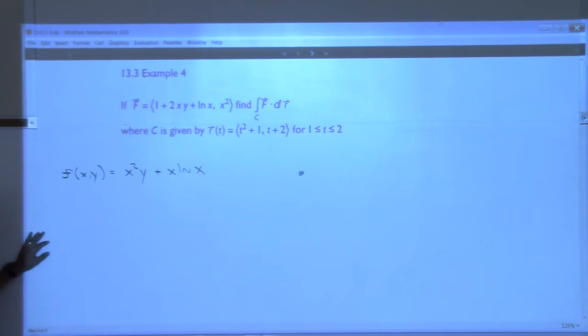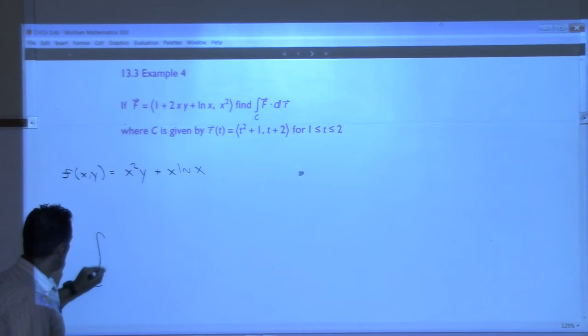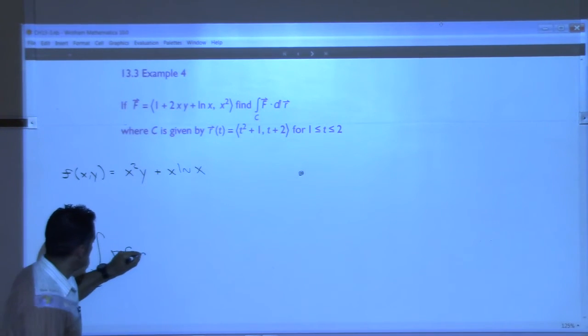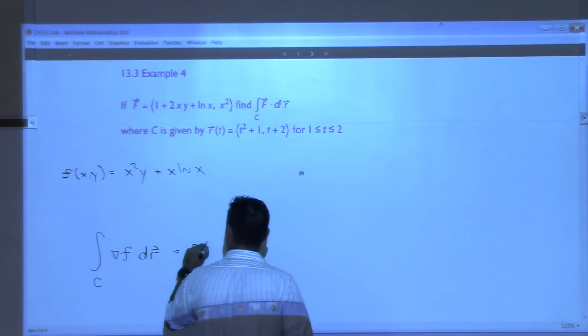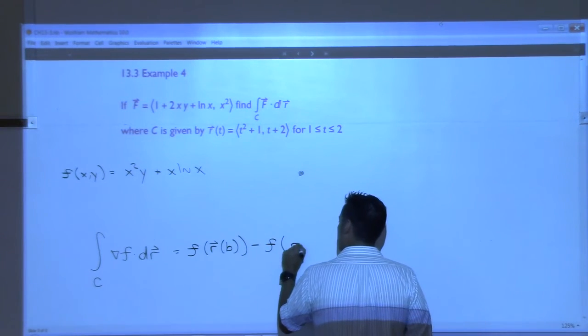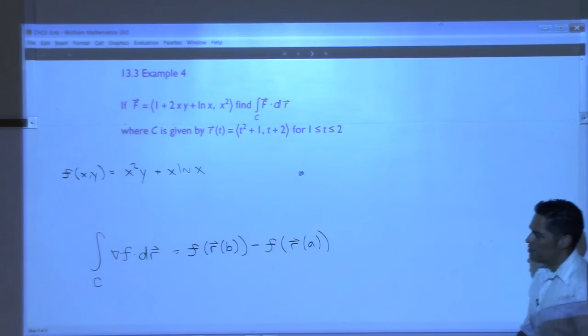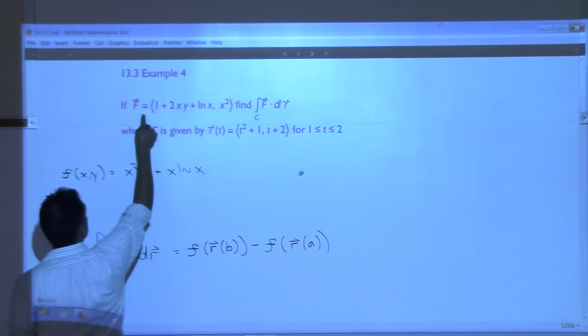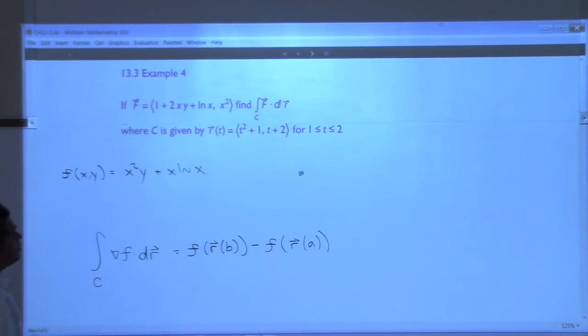So why do I want the potential function? What's the value of having the potential function? All we need now is to use the fact that the fundamental theorem of line integrals says that this is equal to the scalar function evaluated at the two endpoints. That's all it is. And the reason we can use this is because we know that this vector field is the gradient of that scalar function. So we do need the two endpoints.